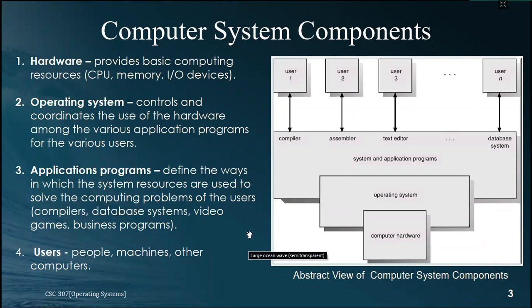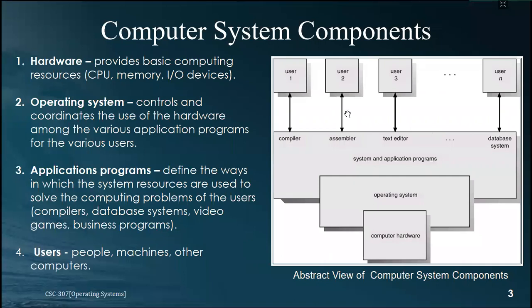They can also be used not only for computing problems, but for entertainment, for business purposes, or for other day-to-day activities. Then finally we have the users, that is, people use computers, sometimes one computer uses another computer, and so on. So these are the 4 components of a computer system.